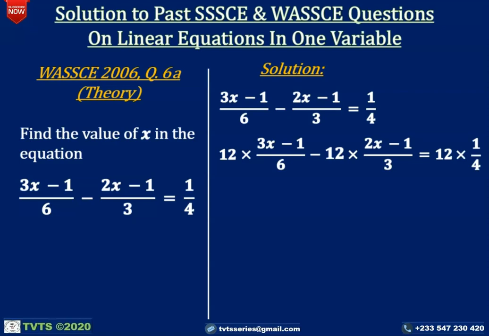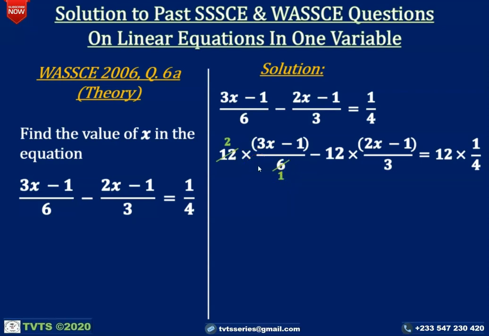To be on the safe side, let's put the numerators of the first and second fractions in brackets, just to remind ourselves that the LCM is being multiplied by each term. So we have 6 into 12 to be 2.